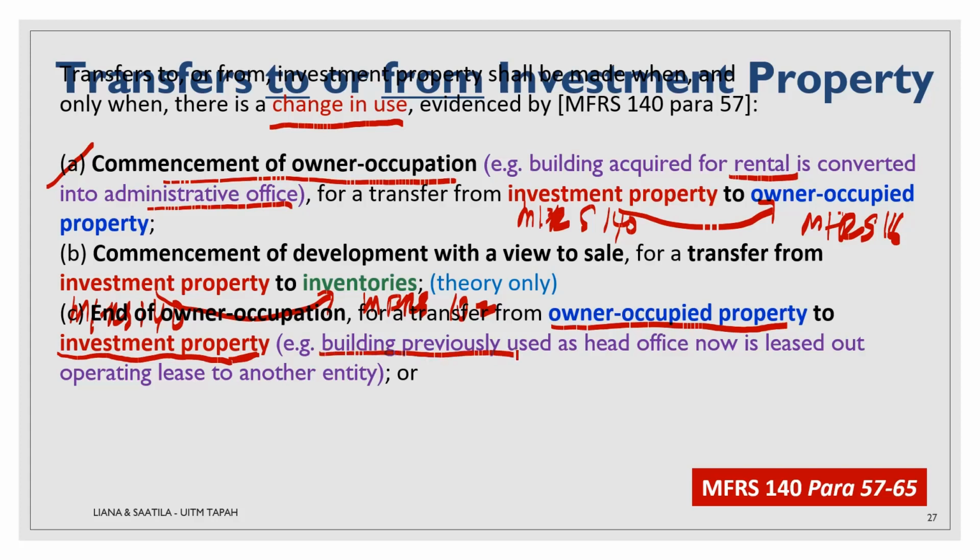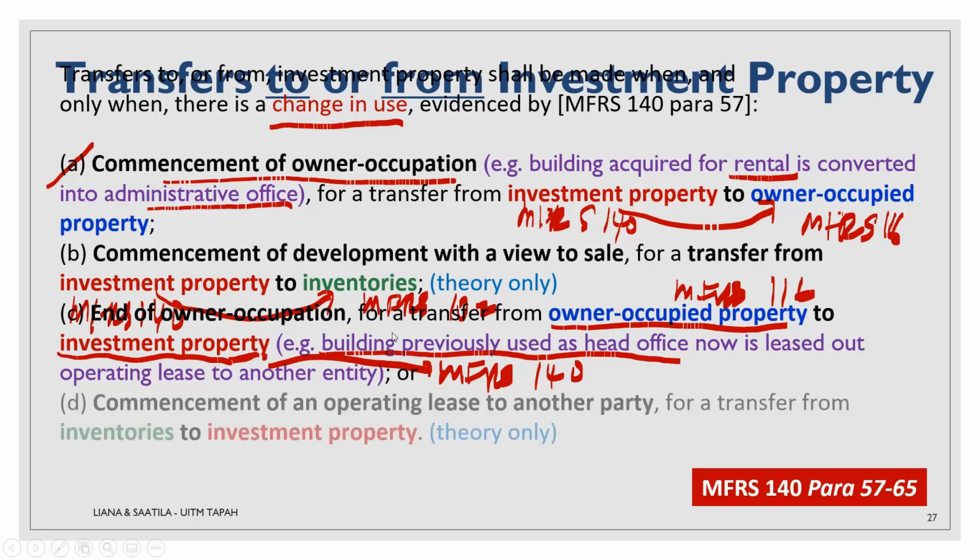Let's say the building that was previously used as a head office is now being leased out under an operating lease to another entity. So that is a change from MFRS 116 to MFRS 140. This one.